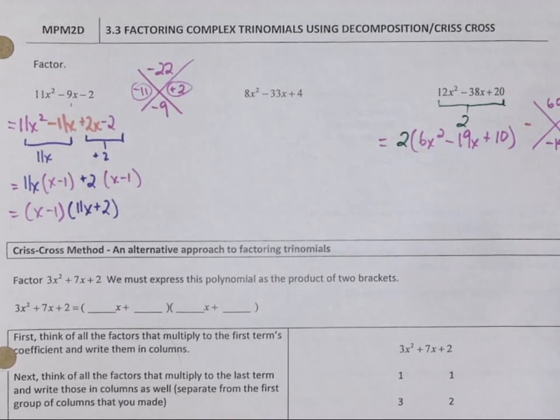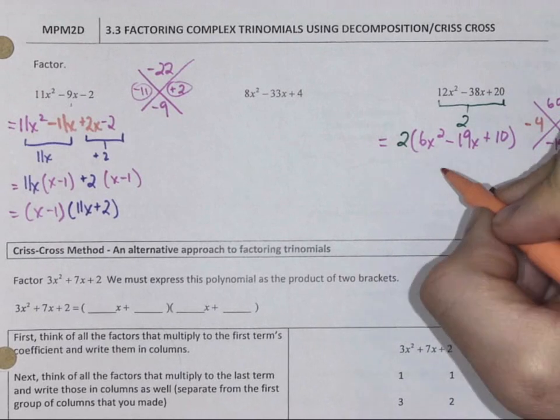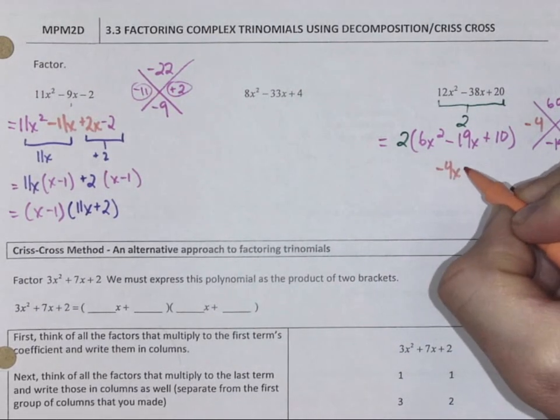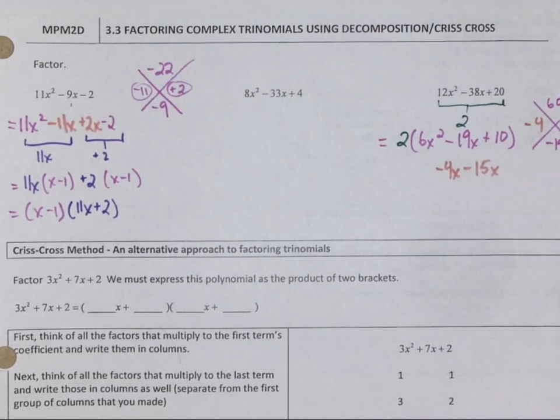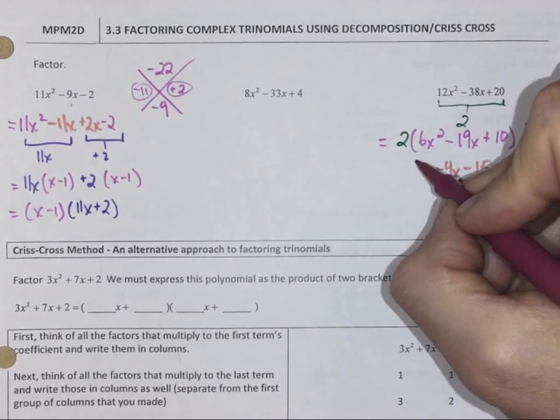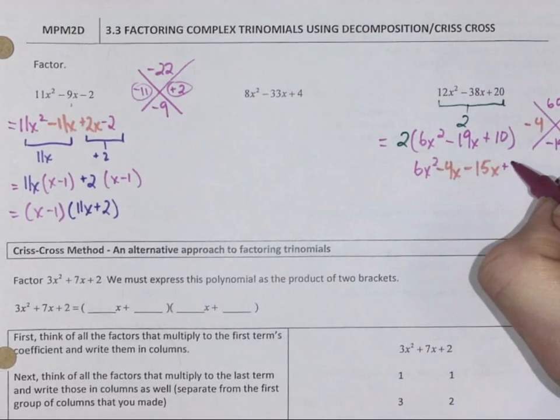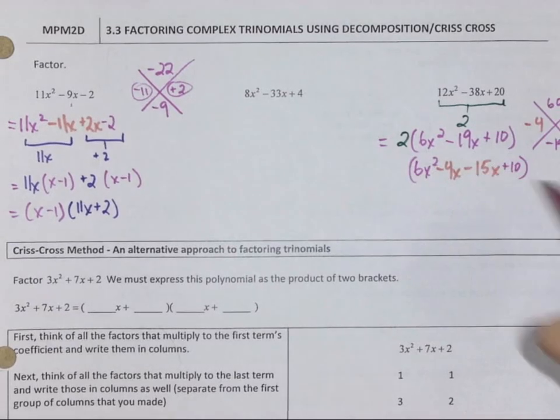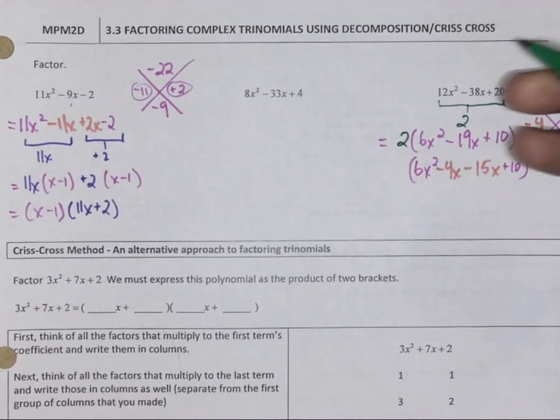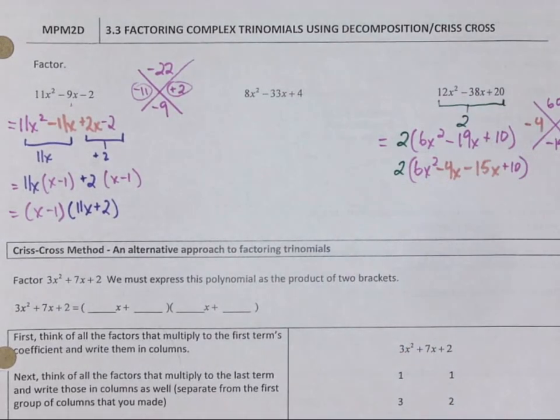So when we start looking at what multiplies to 60, 4 times 15, and negative times negative gives us positive, and -4 take away 15 more is -19. So that -19x breaks down into -4x and -15x. The 6x squared is still in front, the 10 is still behind. They're still in brackets because we still need that 2.